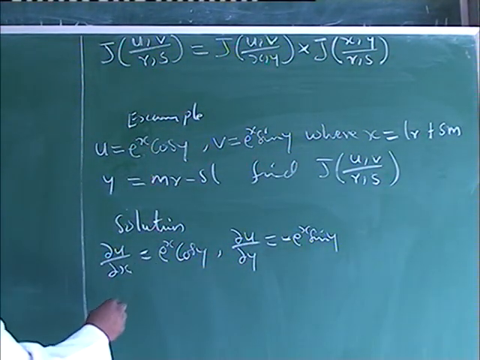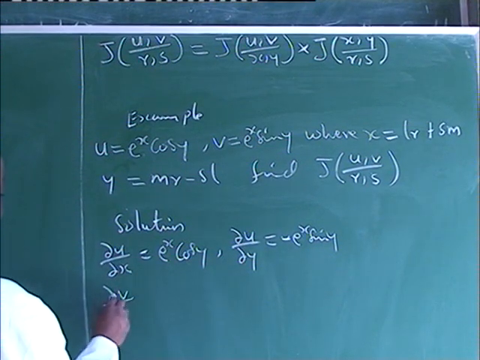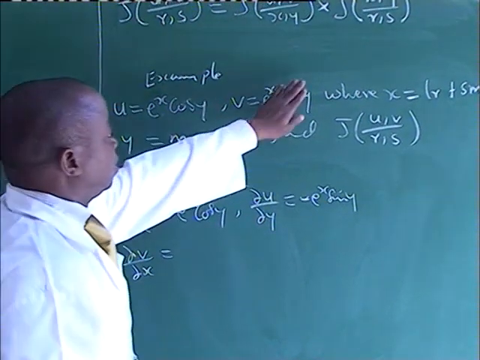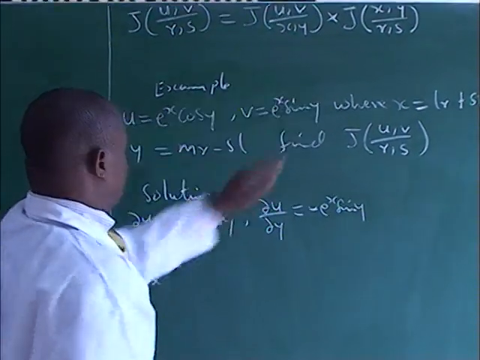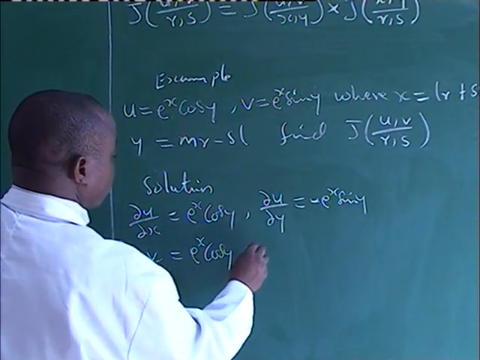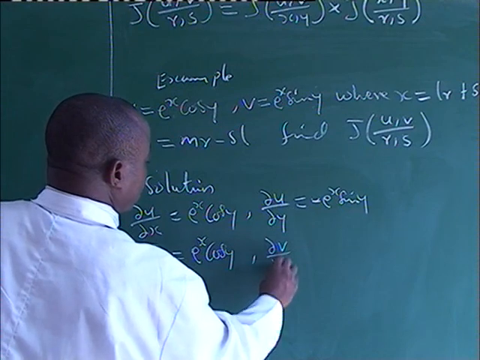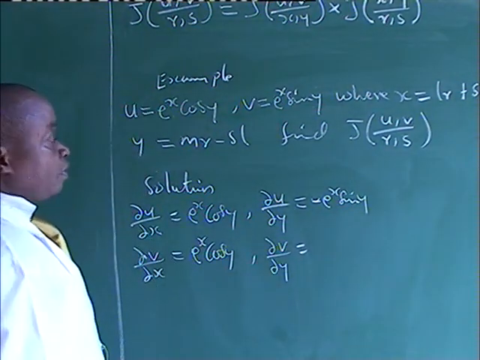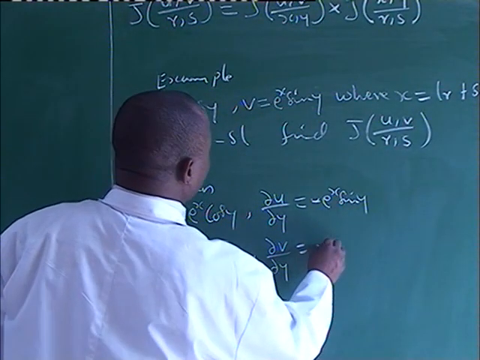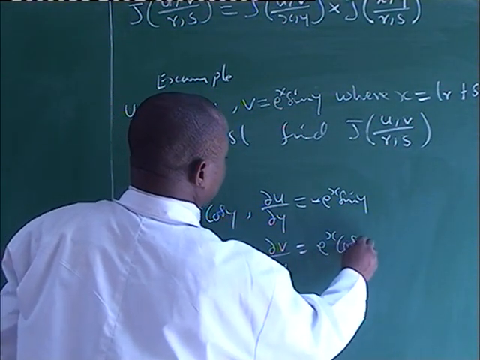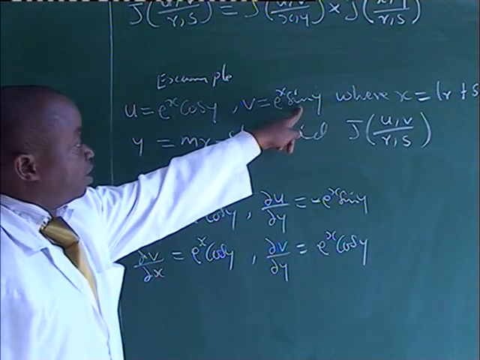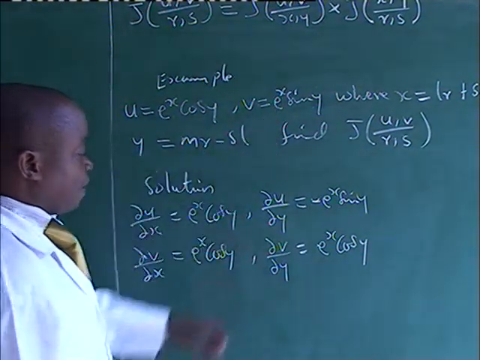Alright, so we also need partial v, partial x, and that will give us e^x sin y, then partial v, partial y is going to give us e^x cos y, because we are differentiating sin y, so it gives us cos y.